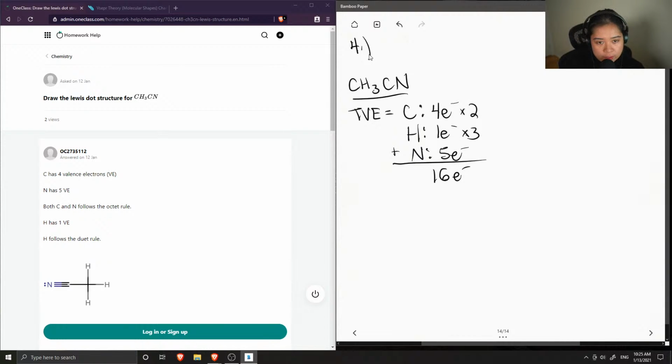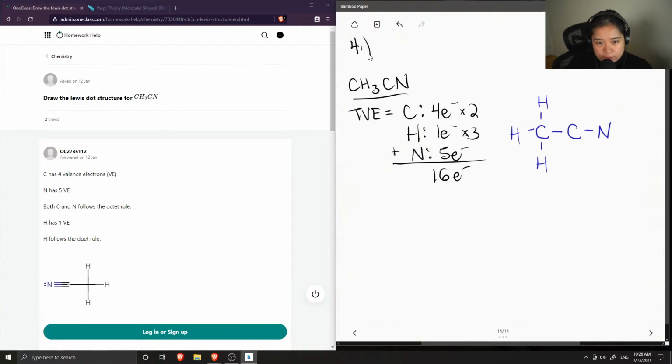So first I'll draw our 2 carbons bonded together, and then one of the carbons will hold 3 hydrogens, and the second carbon will be bonded with the nitrogen. So notice how both of these don't have a full octet.